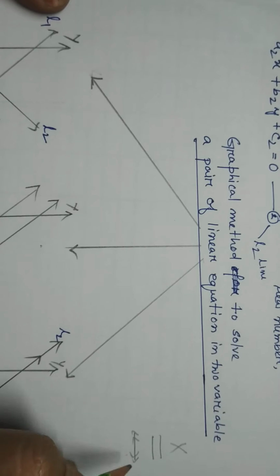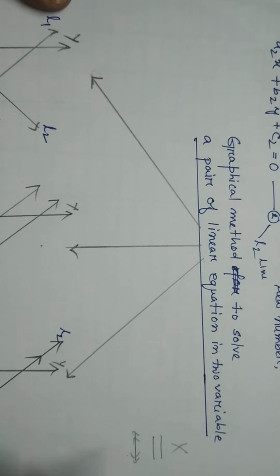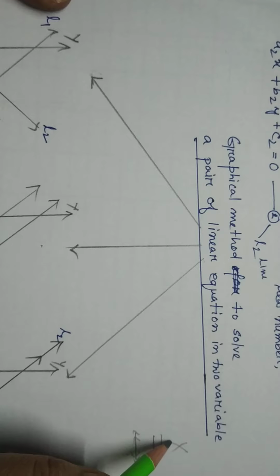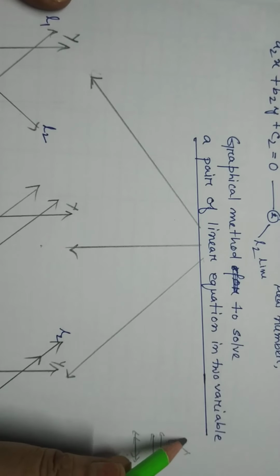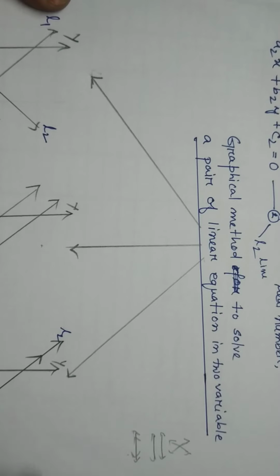That means from this pair of linear equations two straight lines will form, and these two lines may be of these three types: they may intersect each other at a point, may be parallel to each other, or may be coincident, meaning overlapping each other.